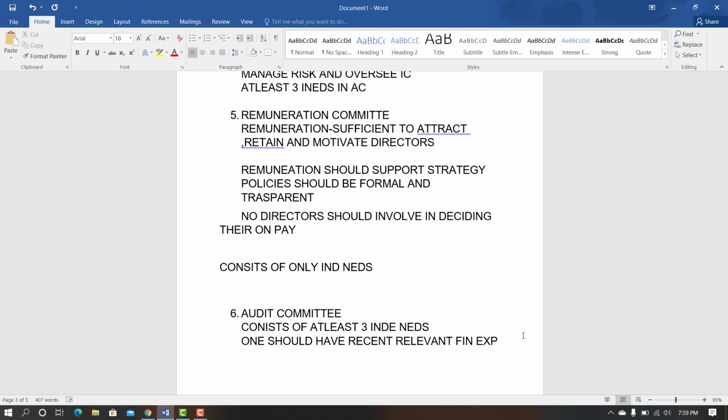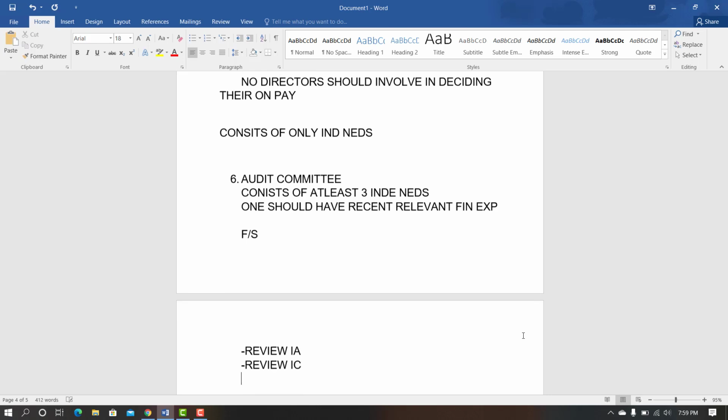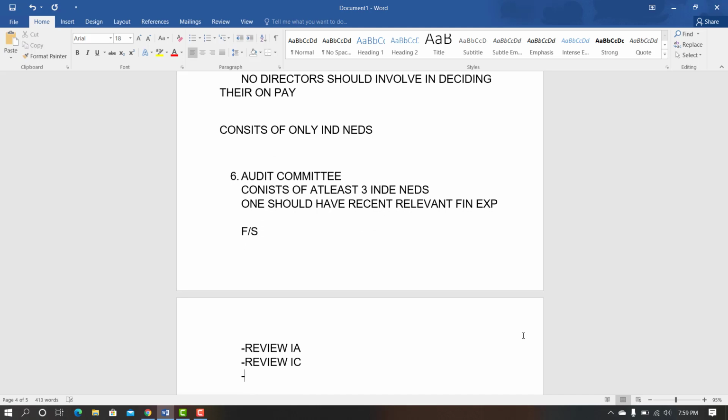Let's go to the next one. Audit committee on financial statements. So what will the audit committee do in financial statement work? They will review internal audit, which we will read in coming chapters, review internal control, and monitor the integrity of the financial statement.